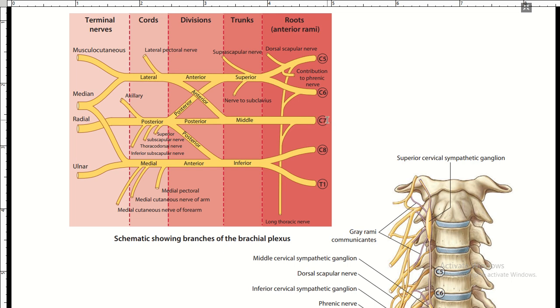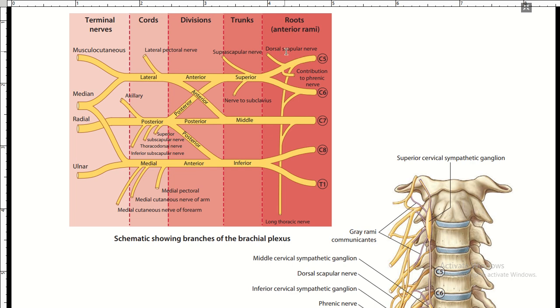C7 is going to continue on its own to form the middle trunk. C8 and T1 are going to join and form the inferior trunk. Before they join, you're going to have a branch of a nerve coming from the C5 root.